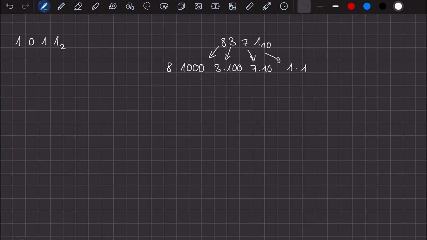If we write this with powers, you can see why this system is called base 10. For 8 times 1,000, we can just rewrite this as 8 times 10 to the power of 3, as 10 to the power of 3 is 1,000. And we can rewrite this 3 times 100 as 3 times 10 to the power of 2, 7 as 7 times 10 to the power of 1, and this 1 as 1 times 10 to the power of 0, as 10 to the 0 is equal to 1.